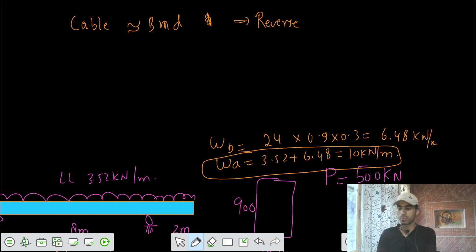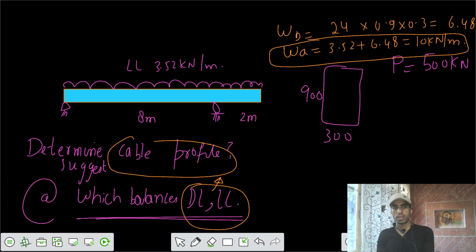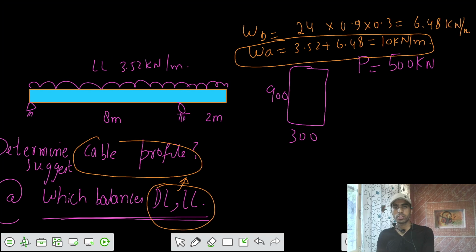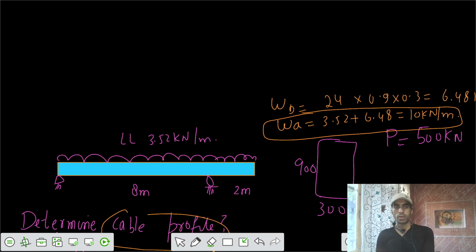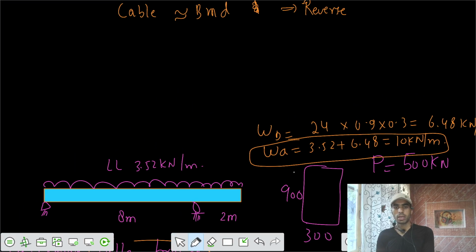That should be our cable profile. So I need to calculate the moment equation. If you take a beam having a final UDL of 10 kilonewton per meter for the entire section, and we have a simply supported beam.